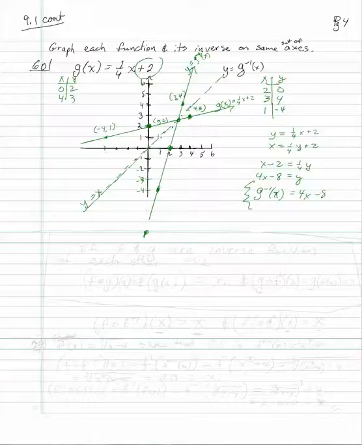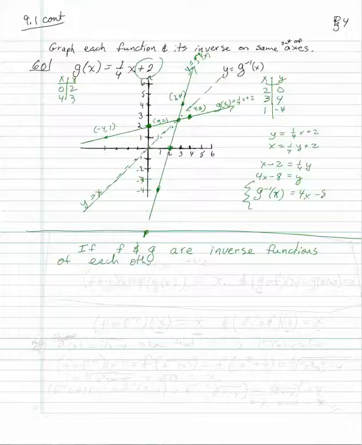And let's see, one last thing. Composition. If f and g are inverse functions of each other, then f composed with g is going to be equal to x.